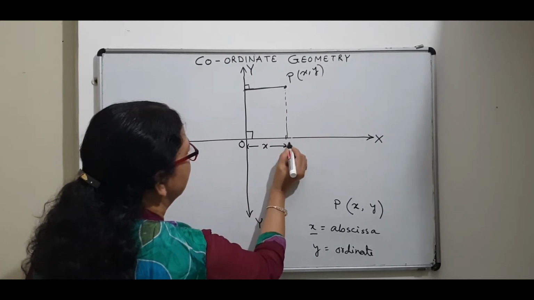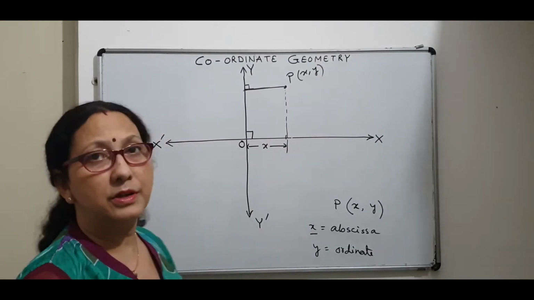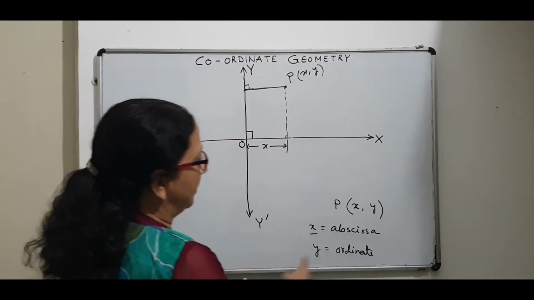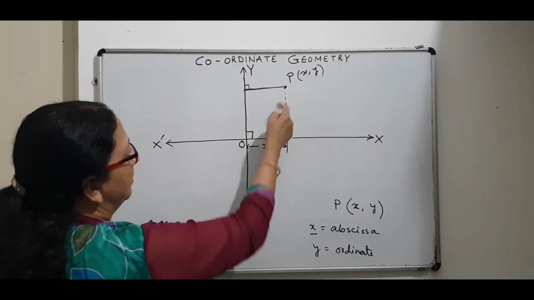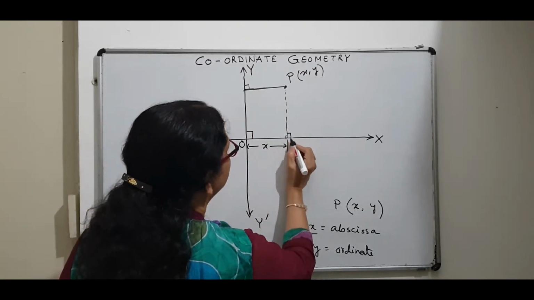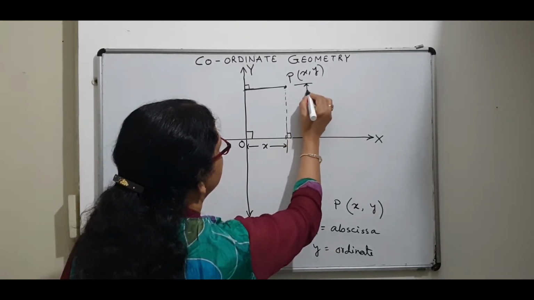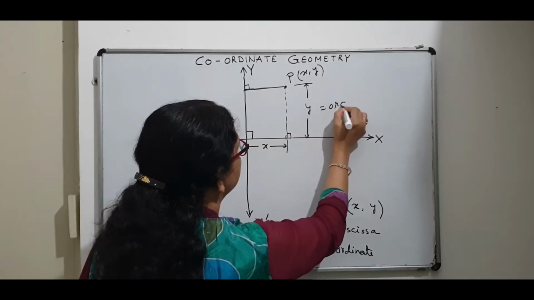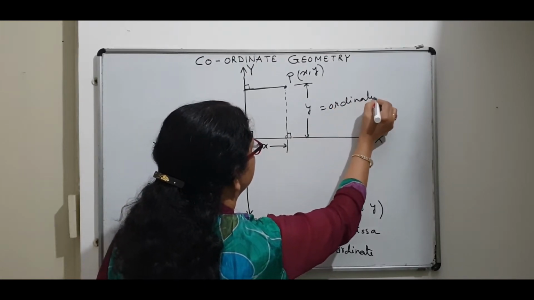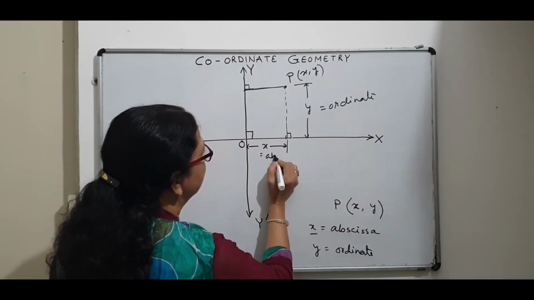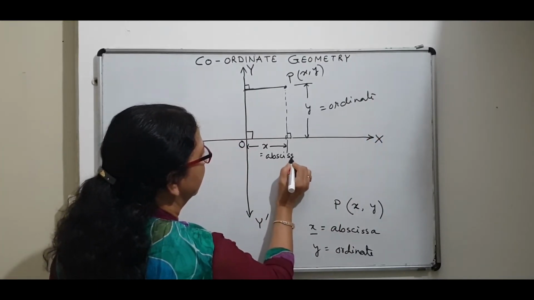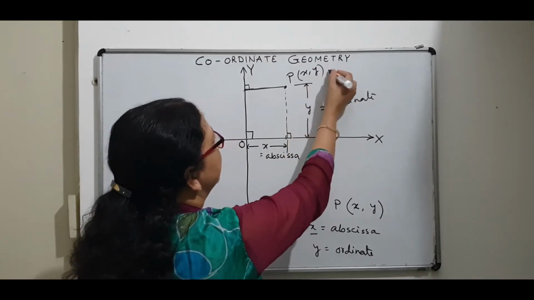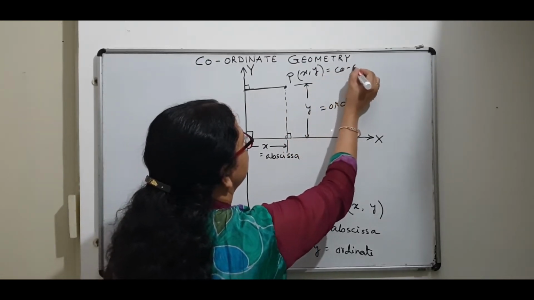So this is the perpendicular distance from the y-axis, and the ordinate is the perpendicular distance of the point from the x-axis. So this is your y, and this is the ordinate, and this is the abscissa. And together, when I write abscissa comma ordinate, this is known as the coordinates.